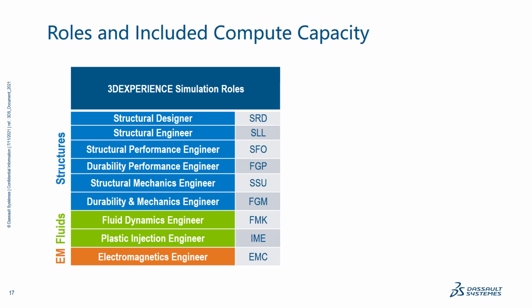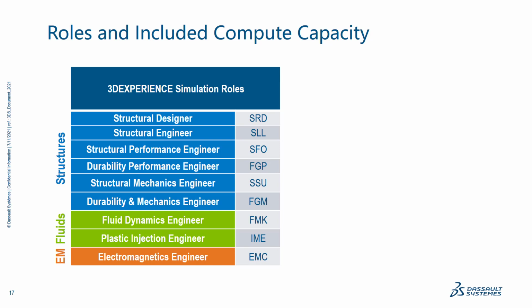Okay, now let's have a look at the offering that we have. And you see here in that table, it's structured in 3 domains: structure simulation, CFD, and electromagnetism. And in structure simulation, because there are different user groups, we have a variety of roles. If you haven't heard of roles, that's the concept we're using. It's a role-based concept. If you're not familiar with that, you can just imagine them as licenses.